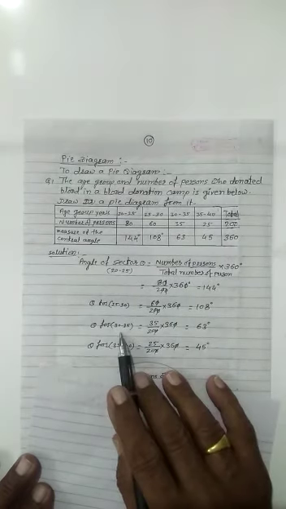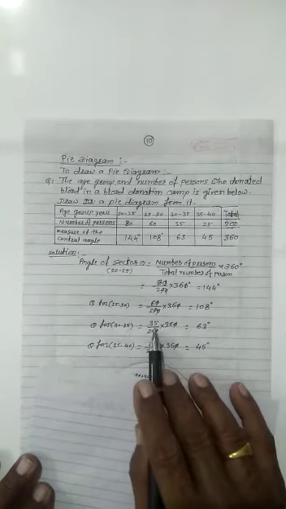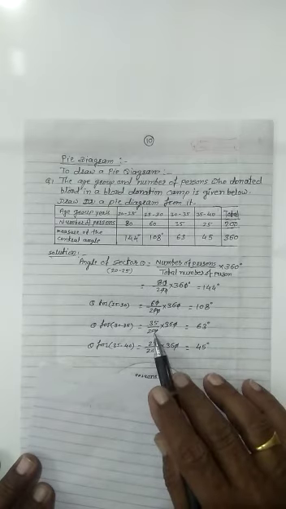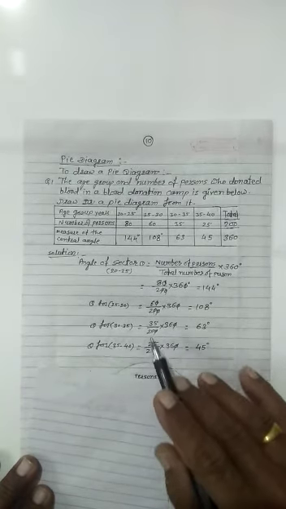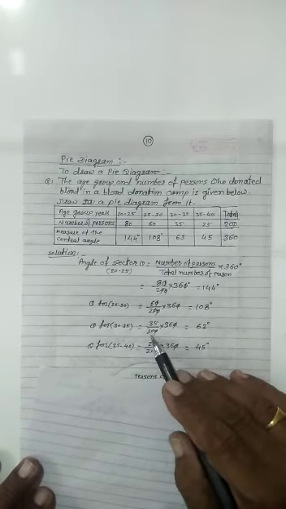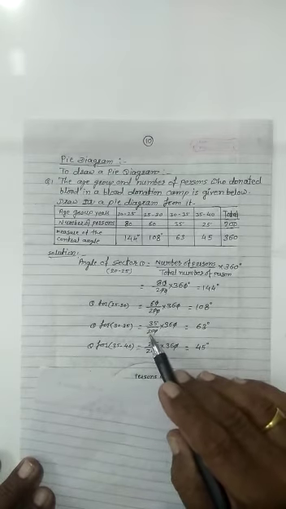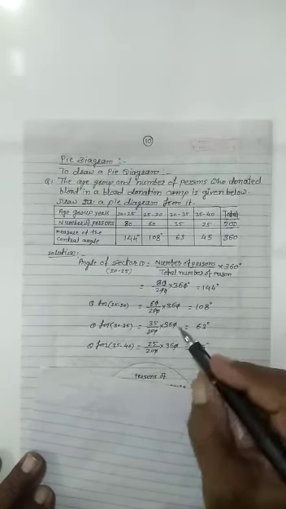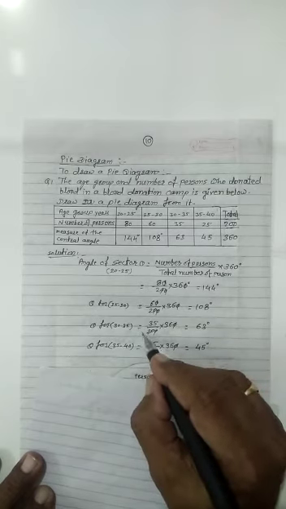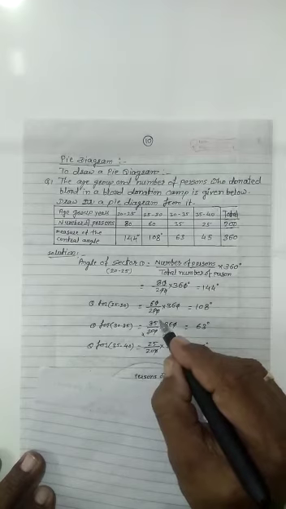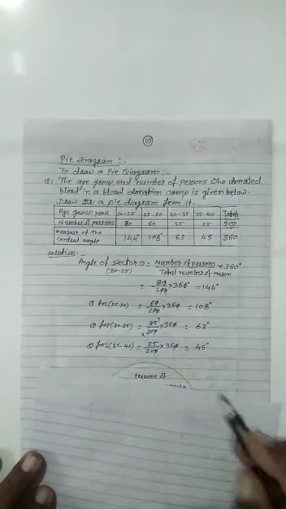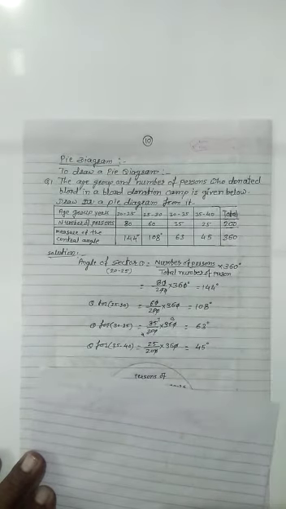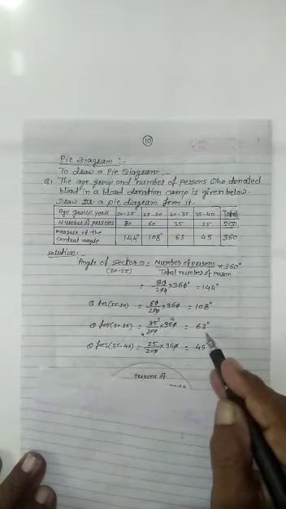Now similarly for the class 30 to 35: 35 divided by 200 into 360. Here the zeros cancel, so we divide 20 by 5. 5 4s are 20, 5 7s are 35, then 9 7s are 63.